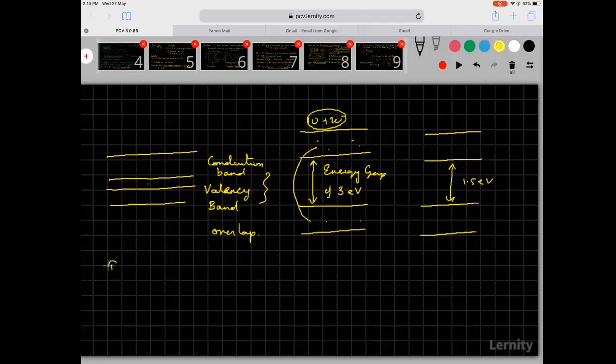In case of breakdown, potential pulls electrons from the valency band to the conduction band.